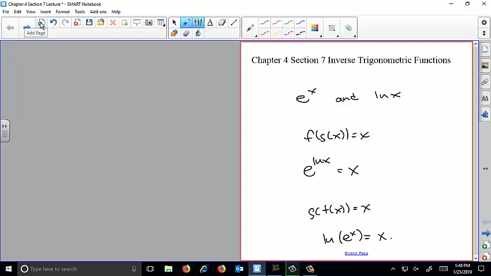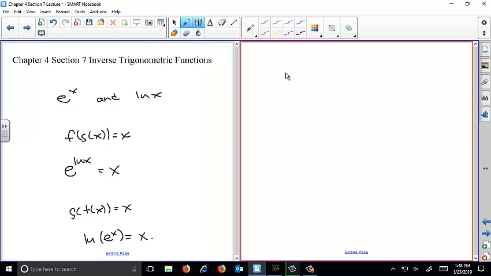Now there was a requirement for functions to be able to be inverses of each other, and one of them was that the functions had to be one-to-one. So they have to be one-to-one functions. What does that mean?